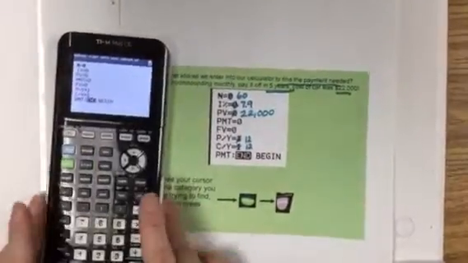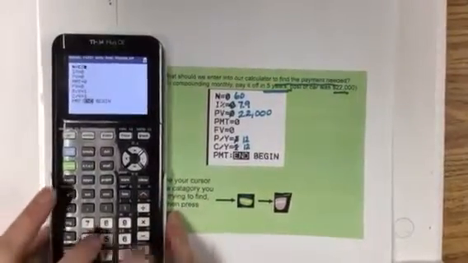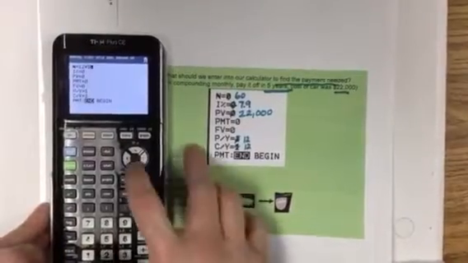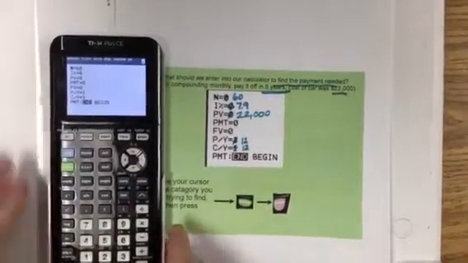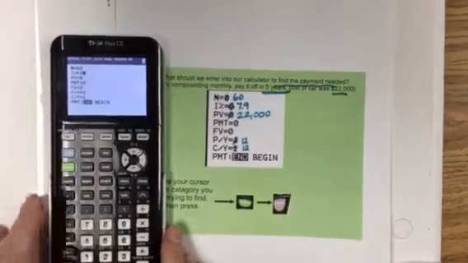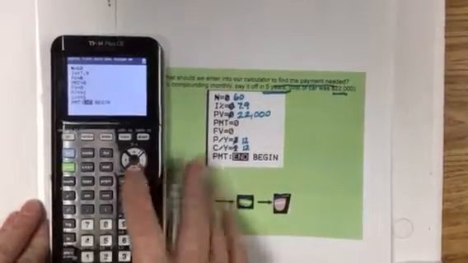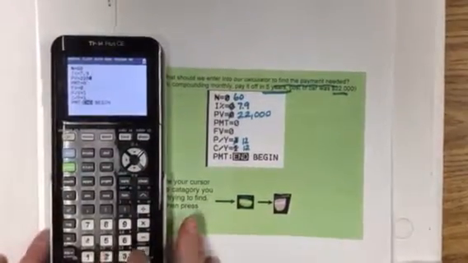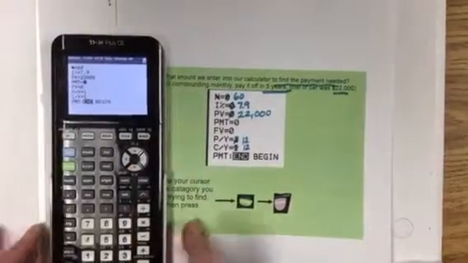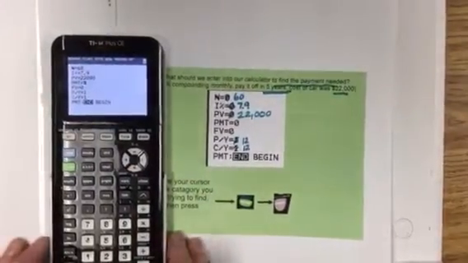The number of payments, we were going to do 5 years times 12. The interest rate is 7.9. Principal value is $22,000. Payment, this we don't know, so we're going to leave a 0 there for now.